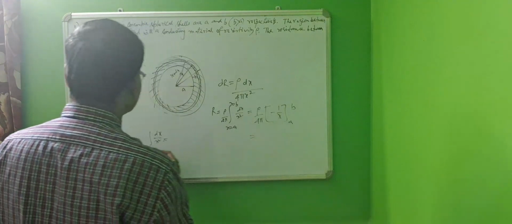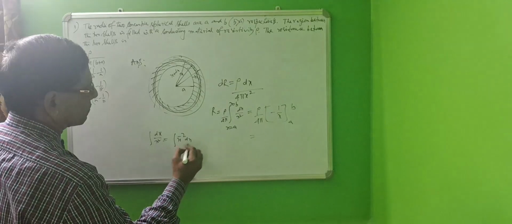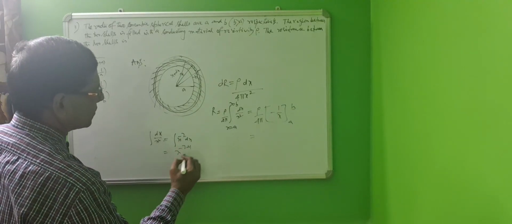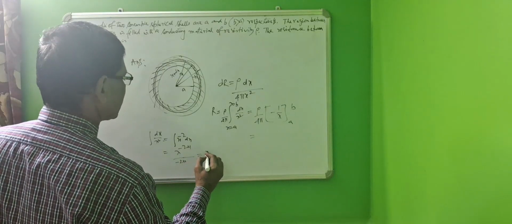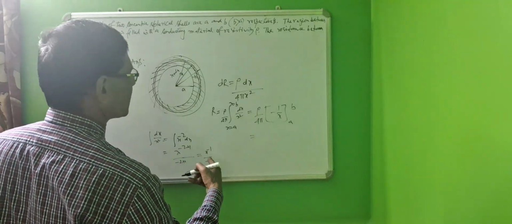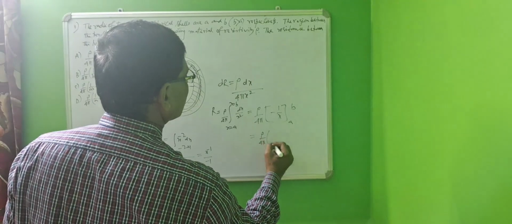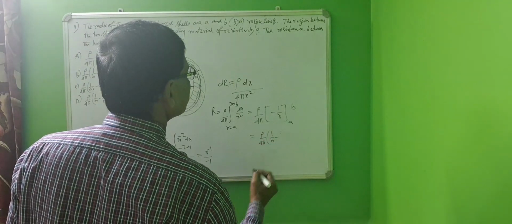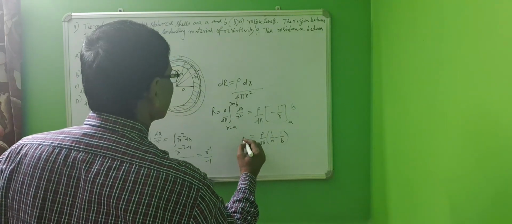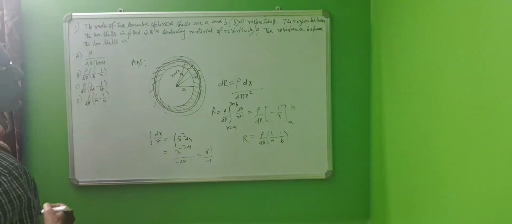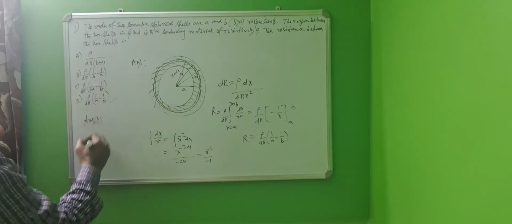It equals x to the power minus 2 plus 1, which is x to the power minus 1 upon minus 1. So minus 1 by x, and R equals rho upon 4 pi times (1 by A minus 1 by B). So this one, answer D.